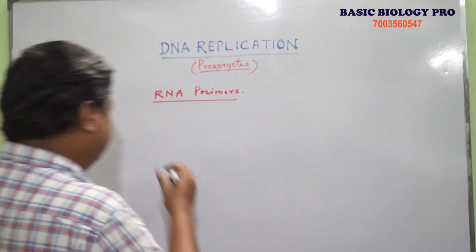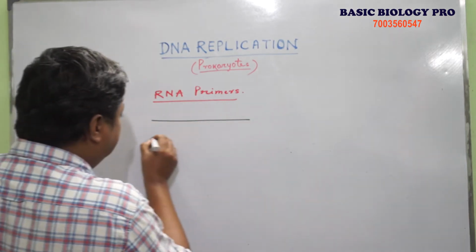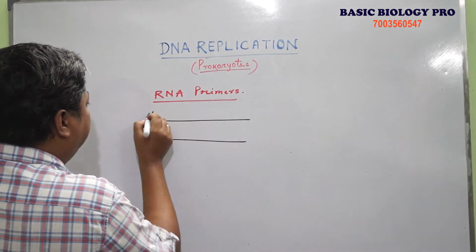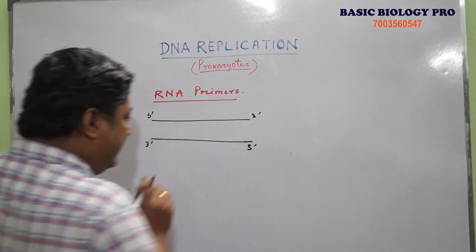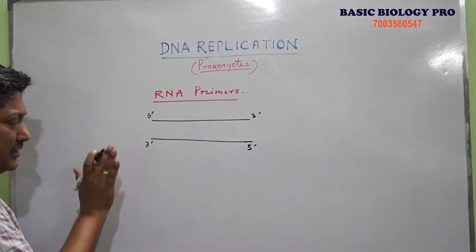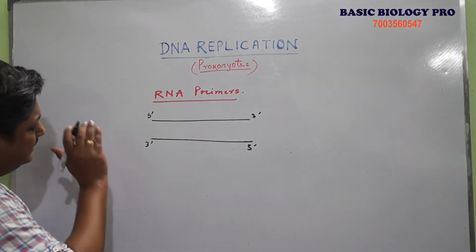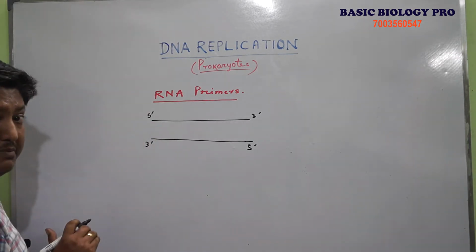Just see the diagram. Say for example, this is the DNA strand, and this is 5' to 3', and this is 3' to 5'. Now, the replication process begins definitely with the RNA primer. Why?